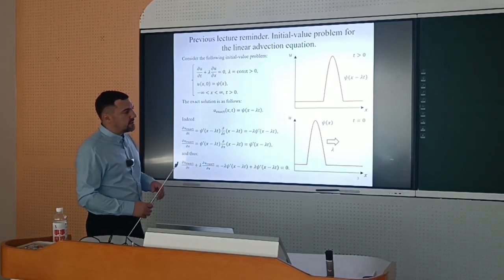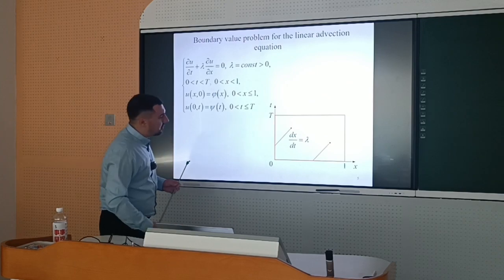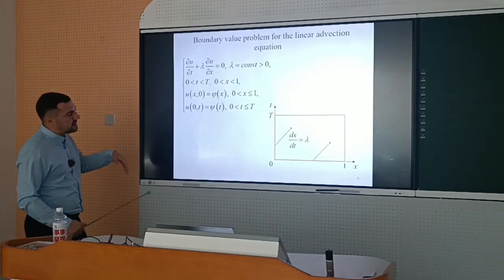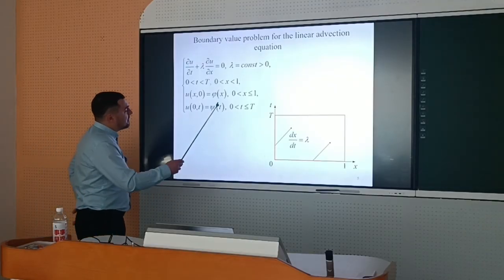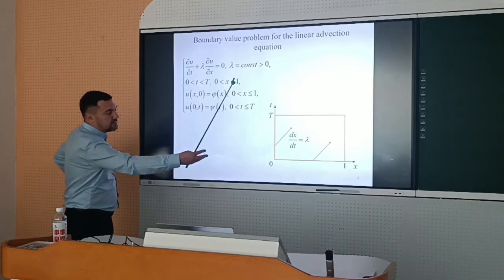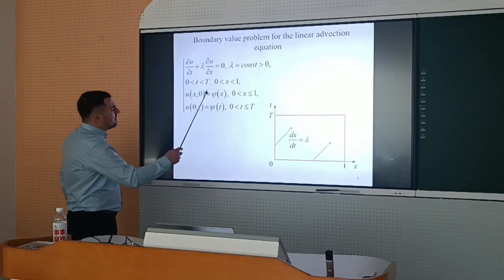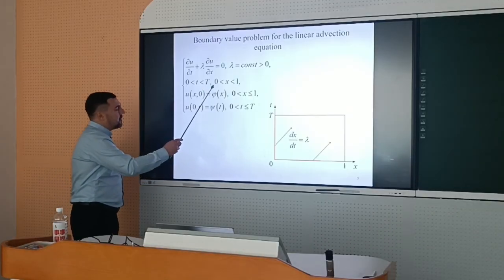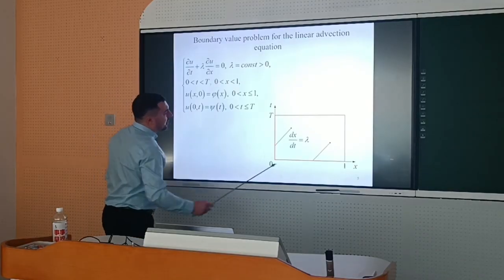Later we'll discuss it as well, but even for just the linear advection equation, that's a meaningful issue. What does it mean? Suppose we are going to solve our equation not on the whole axis x from minus infinity to plus infinity, but on the interval from 0 to 1.